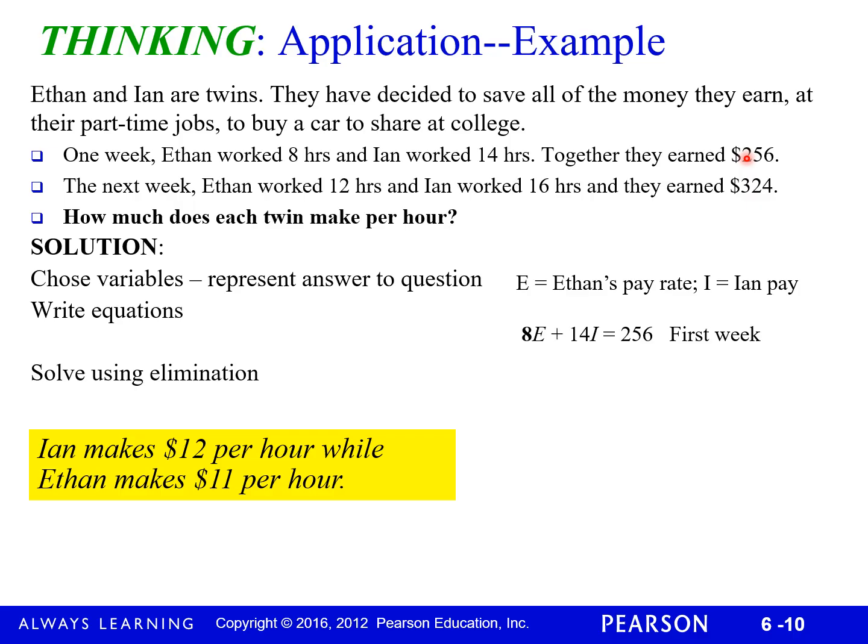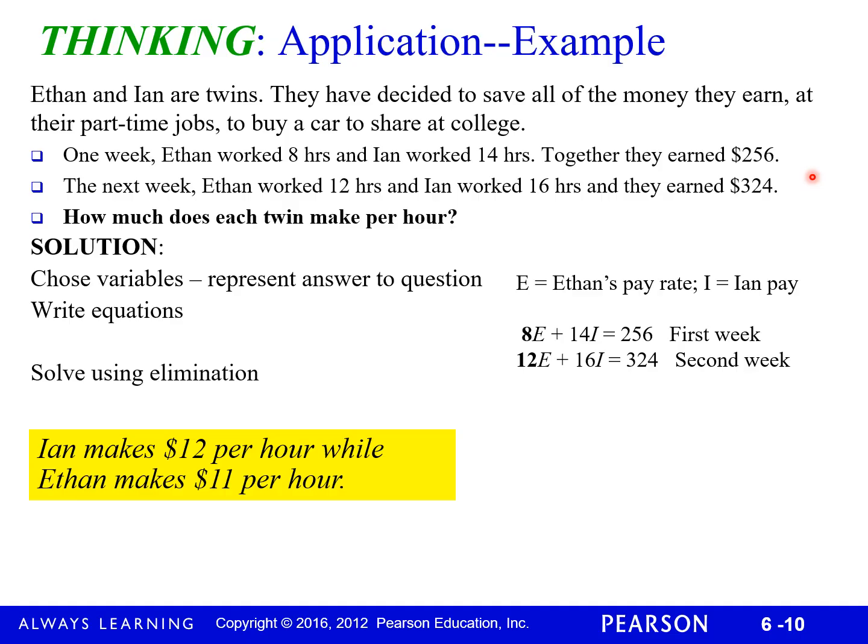We do the same thing for the second equation: 12E plus 16I equals 324. Now we have a system of equations that we can solve using elimination.